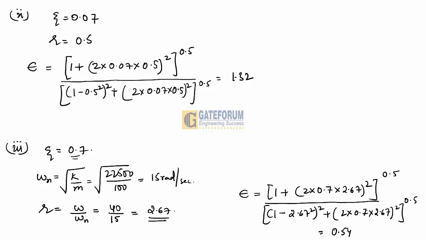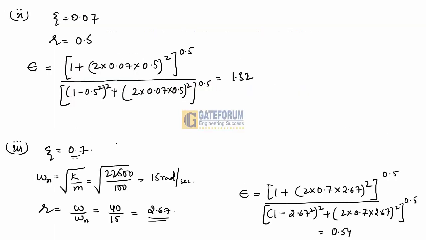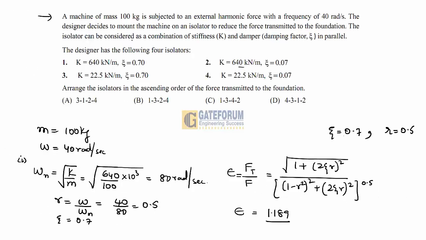Similarly, we can try for number 4, that is zeta is equal to 0.07 and r is equal to 2.67. The stiffness is not changing.